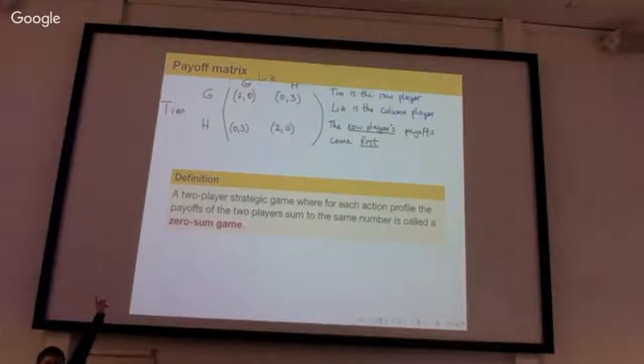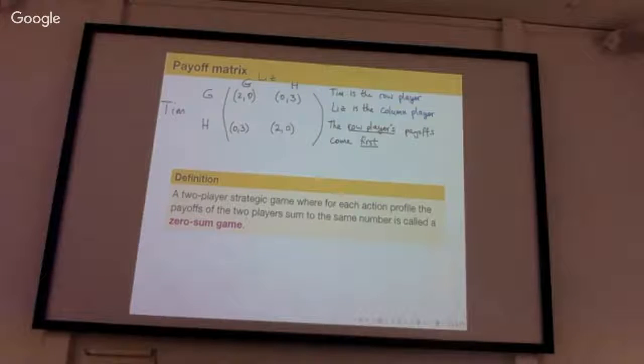I have good news for you, because both answers are in some sense correct. If I accept this definition, then it's not a zero-sum game, because here they sum to 2, here the sum is 3, here the sum is 2, and here the sum is 3, so it's not the same everywhere.